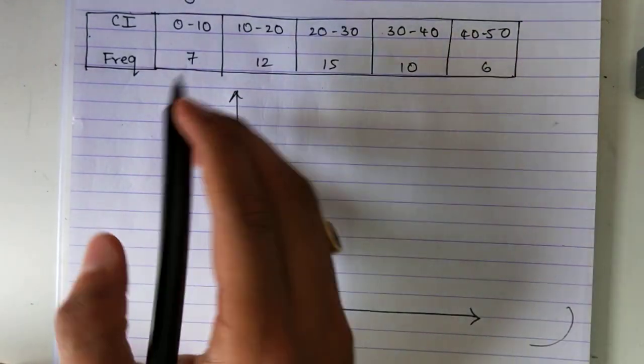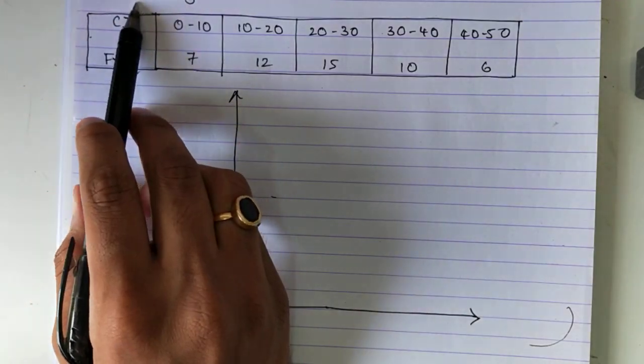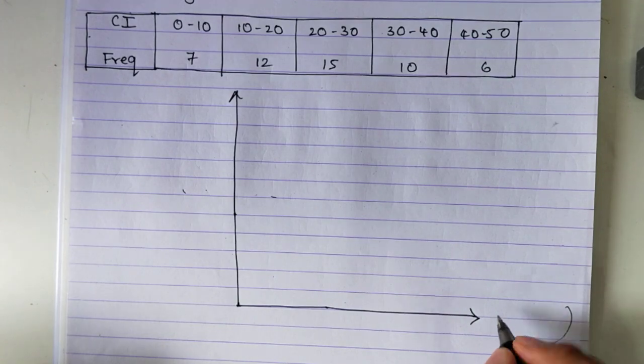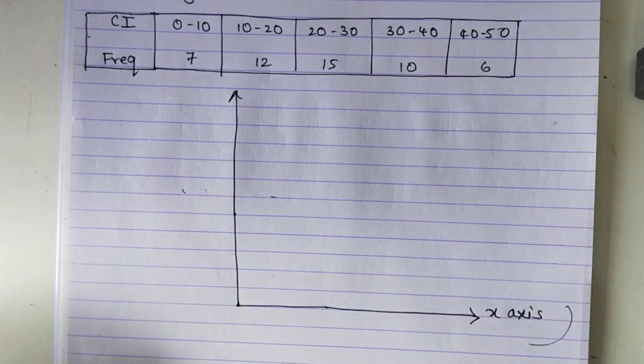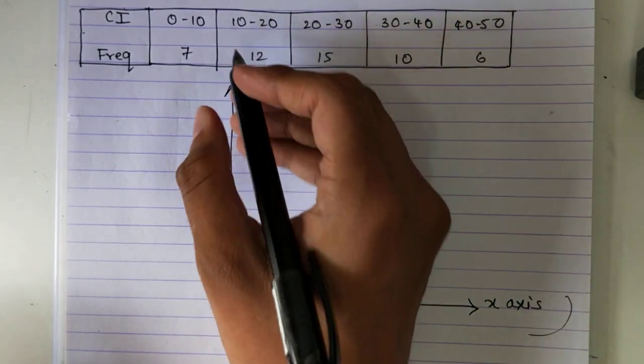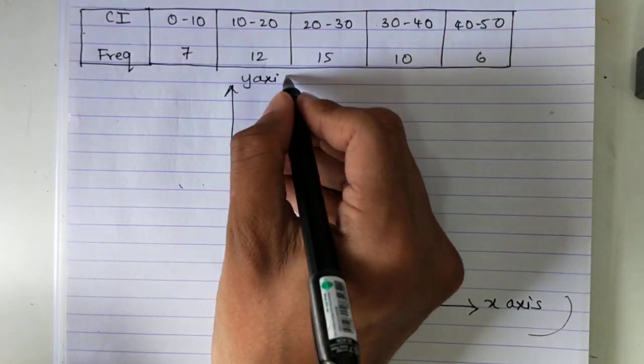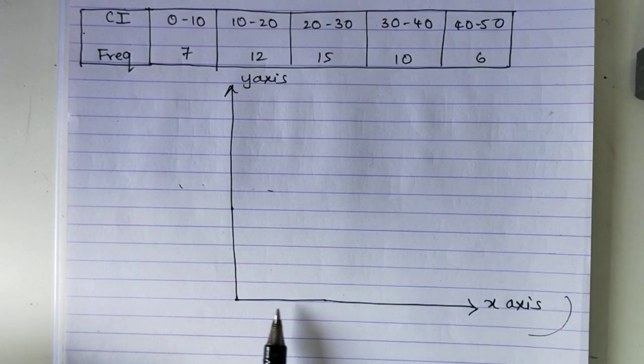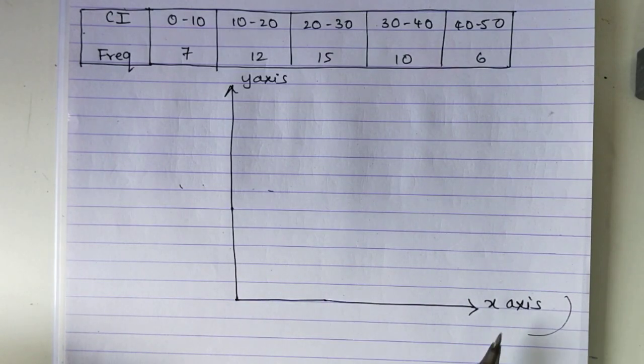So always remember, class interval is on the x-axis. The horizontal line is called the x-axis and the vertical line is called the y-axis. So this information, class interval, is always on the x-axis.